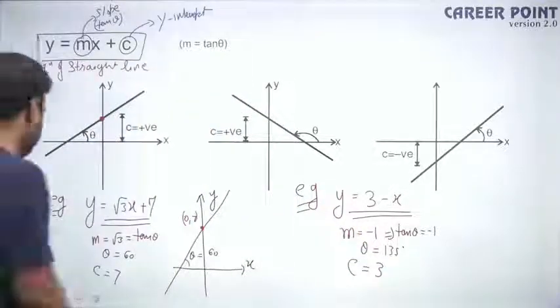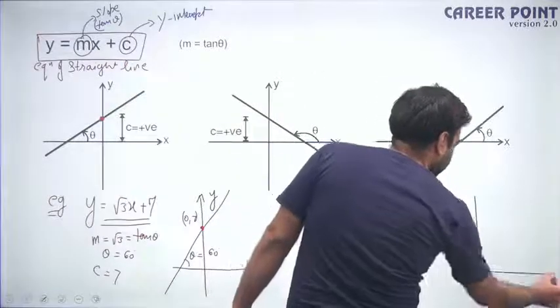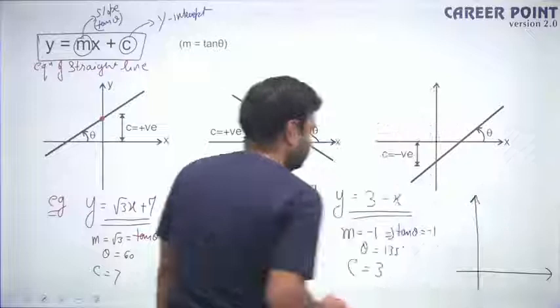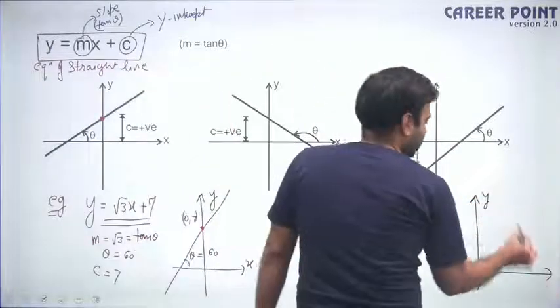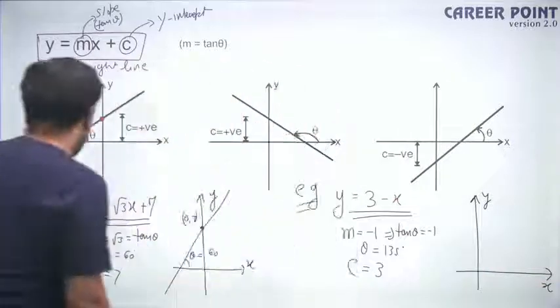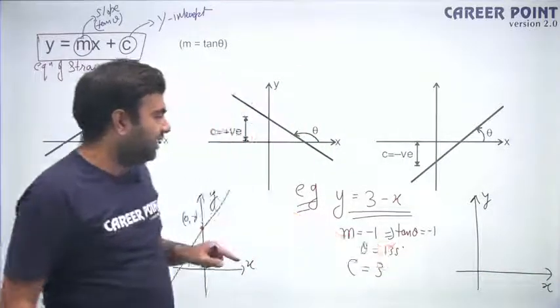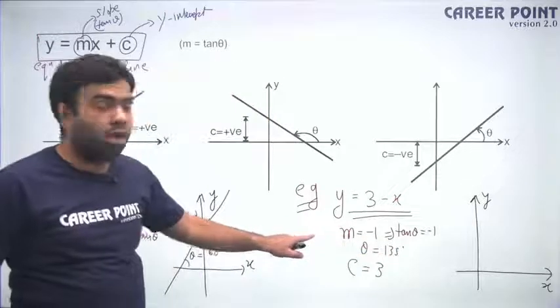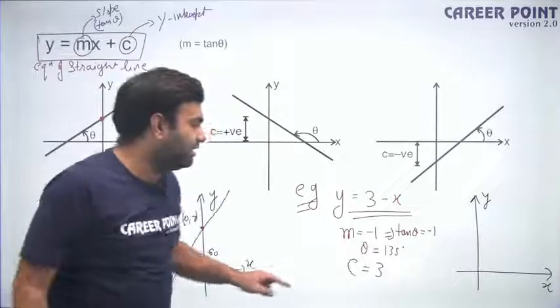Okay, so its graph will be like this. See, this is the y-axis, this is the x-axis. Now, theta is 135 degrees and the distance where it will cut the y-axis is equal to 3.